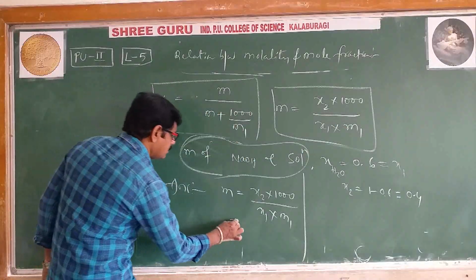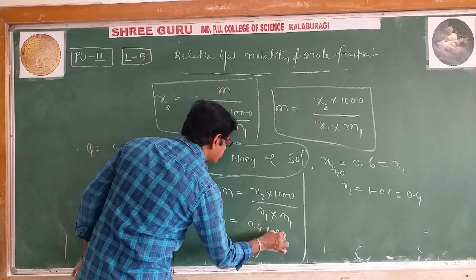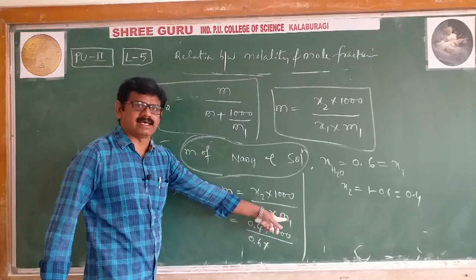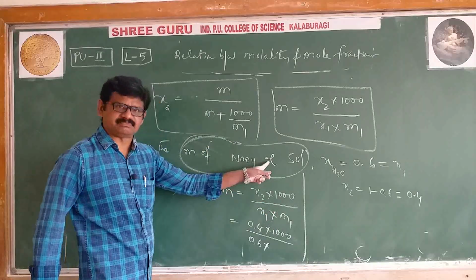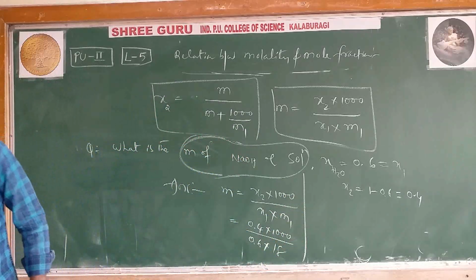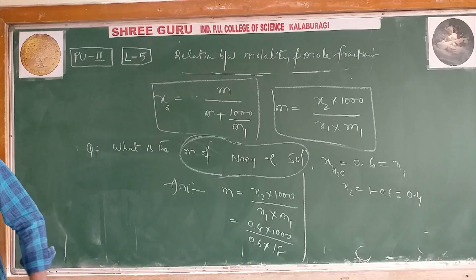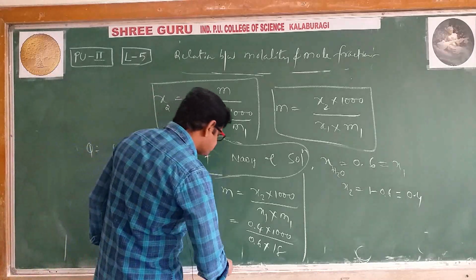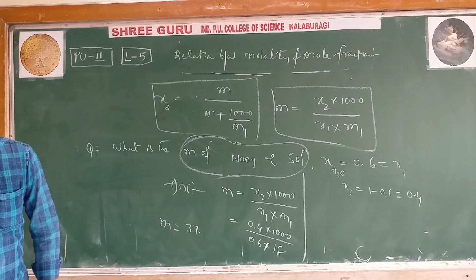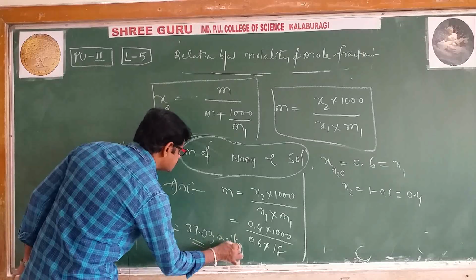We'll substitute then: 0.4 into 1000 divided by 0.6 into molar mass of solvent. Again, who is solvent? Aqueous, water. If you do the simplification, you will get small m equal to 37 point something 03 mole per kg as your answer.